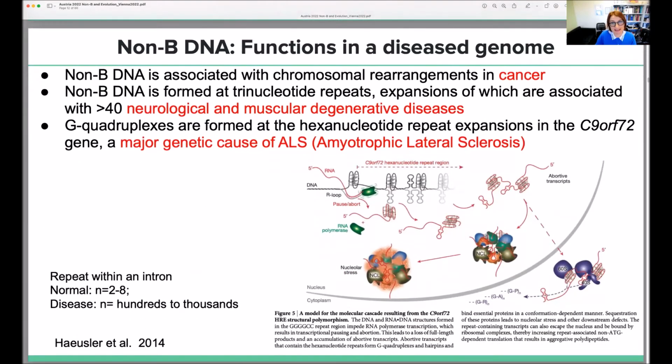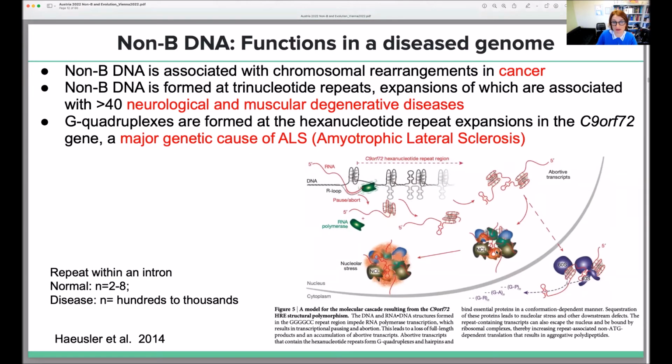Non-B DNA also plays important roles in disease genomes. Non-B DNA is associated with chromosomal rearrangements in cancer. So these unusual structures are more fragile, they're easier to break, especially in cancer cells. Then non-B DNA is formed at trinucleotide repeats, and expansions of these repeats are associated with many neurological and muscular degenerative diseases.